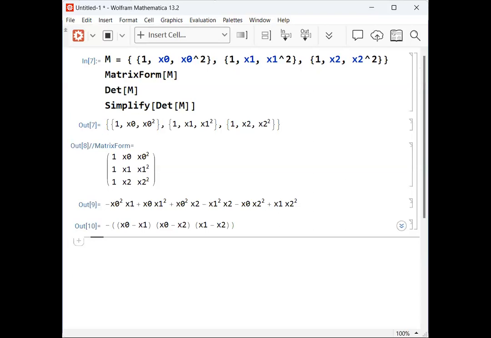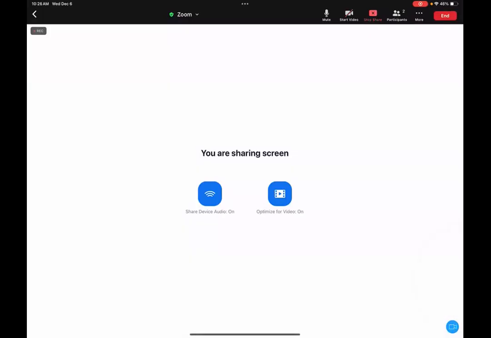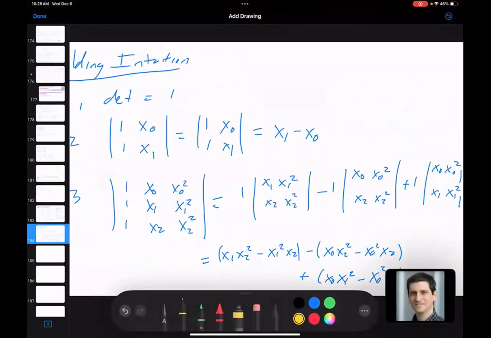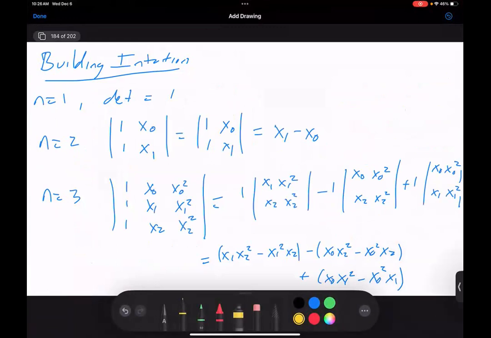So let me take over the screen share. So what we just showed here, in this case, is this equals x2 minus x1, x2 minus x0, x1 minus x0.